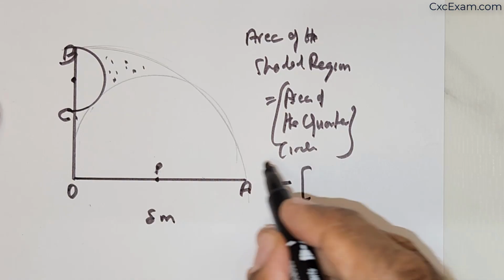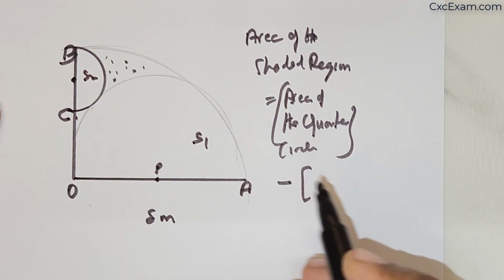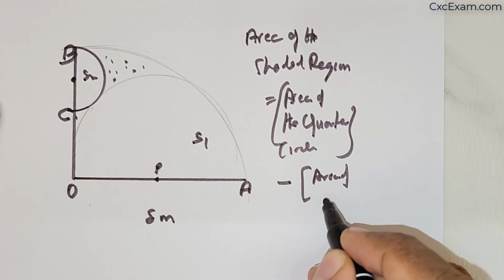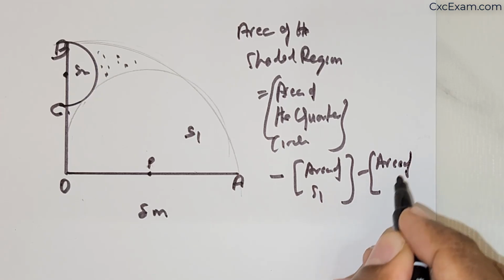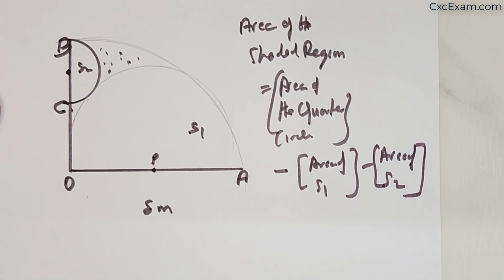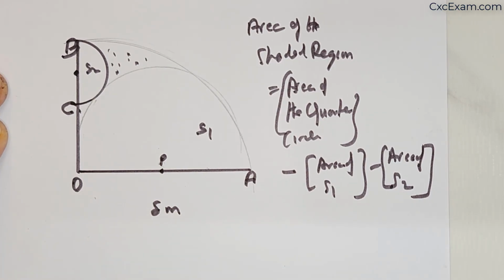So let this be semicircle S1 and semicircle S2. Area of the quarter circle minus area of semicircle S1 minus area of semicircle S2 is going to give us the area of the shaded region.